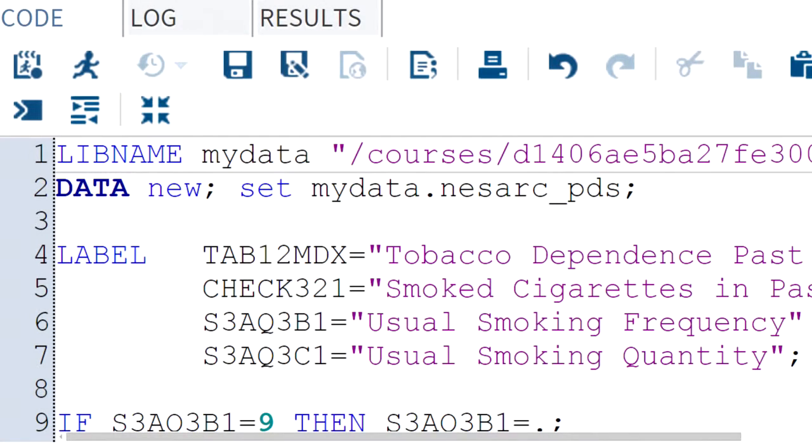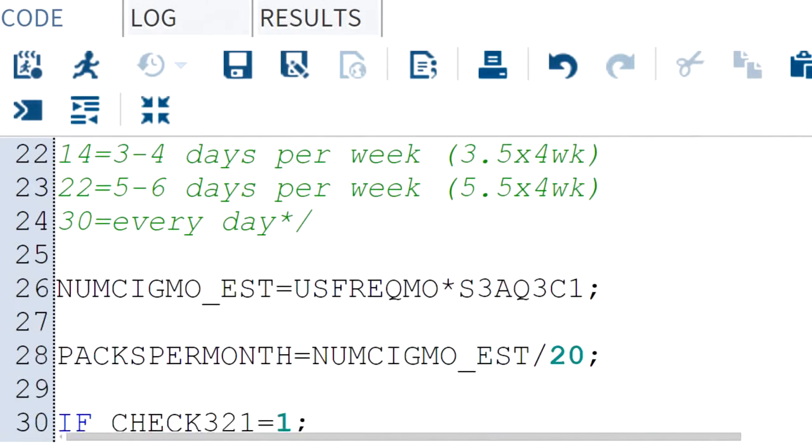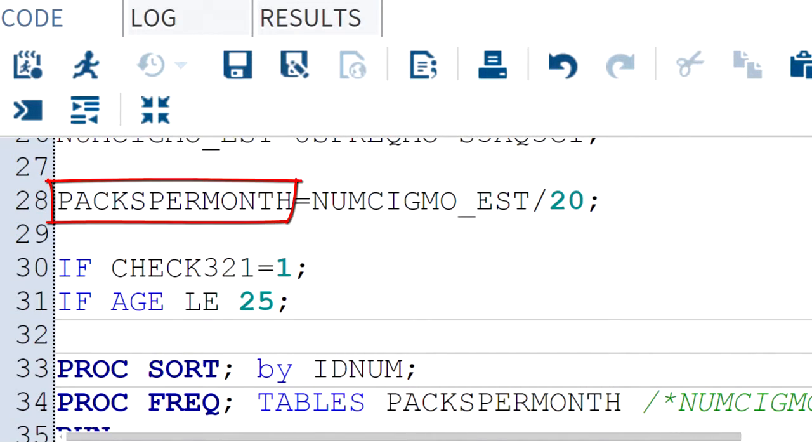Returning to the program, within the data step, where all data management is conducted, we add the following syntax. Packs per month equal numsigmo_est divided by 20, semicolon.